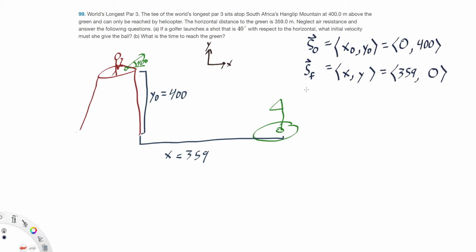The acceleration we're going to be feeling, or our ball is going to be feeling rather, will be nothing in the x direction and minus g in the y direction as per normal. So the only thing we really need to break down is this initial velocity.